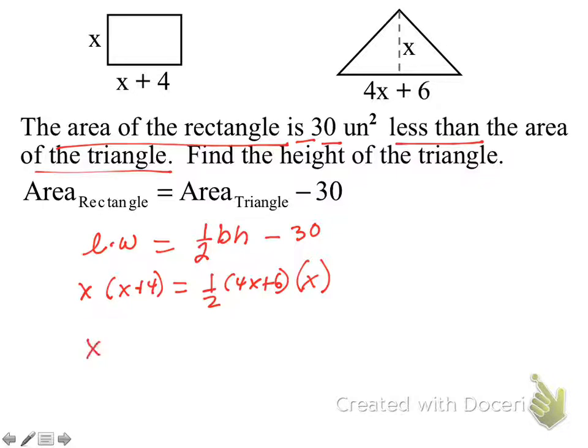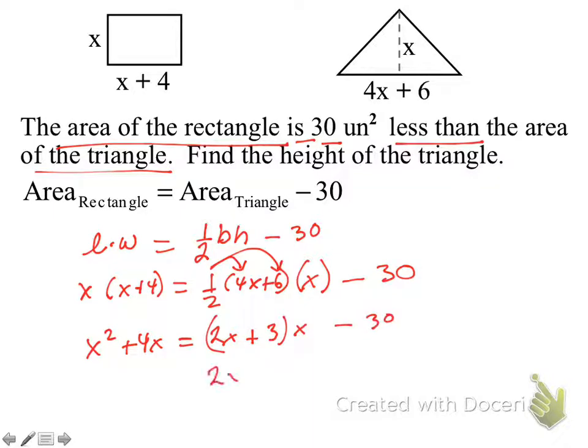So now I'm double distributing: x squared minus 4x equals, when I distribute here, it becomes 2x, and here it becomes 3, but the whole thing is multiplied by x. So I'm getting 2x squared plus 3x minus 30.